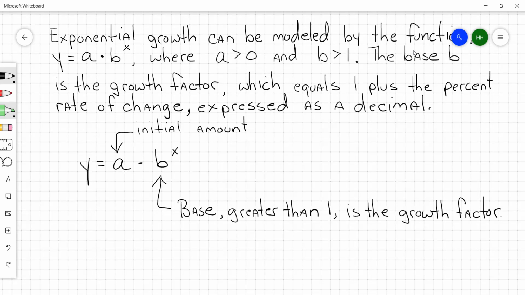And your exponent represents your time, or how often compounded.